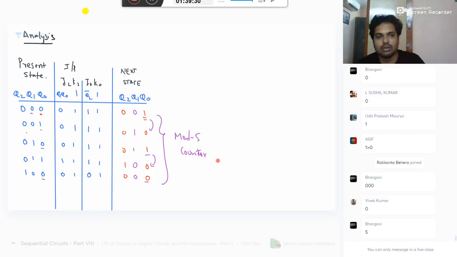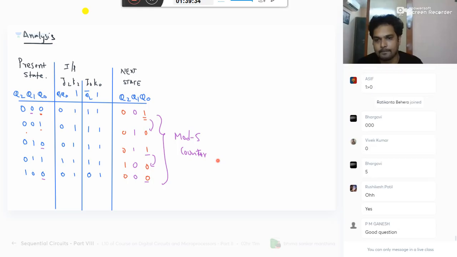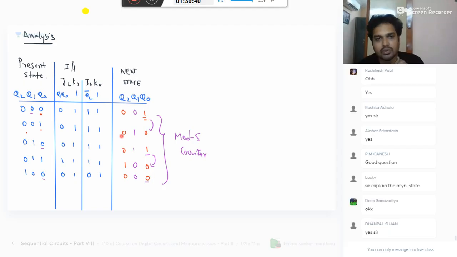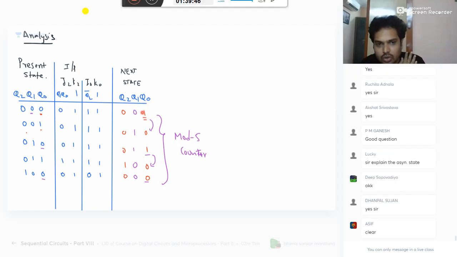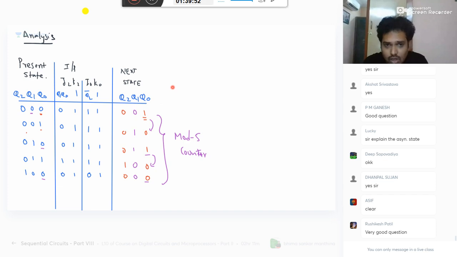Is it okay? Asynchronous is very simple. It is the same as what we have done in mod and ripple counters. Q0 is the clock input to this. So when Q0 changes from 1 to 0, it toggles.